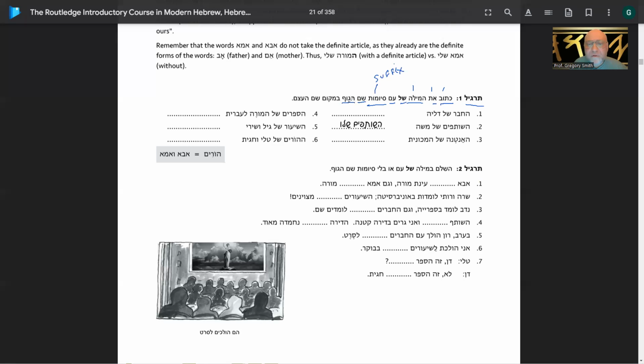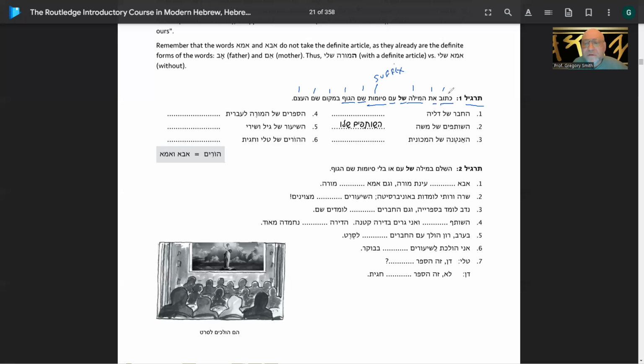Shem, name, haguf, the body, bamakom, in place of shem ha'etzem, in place of the object.